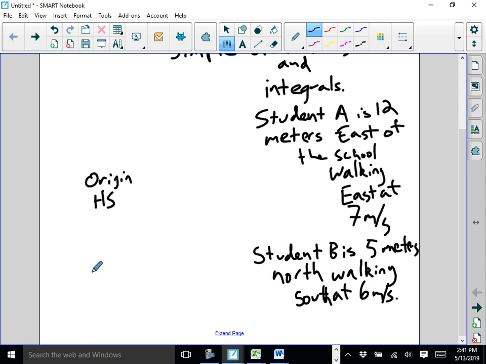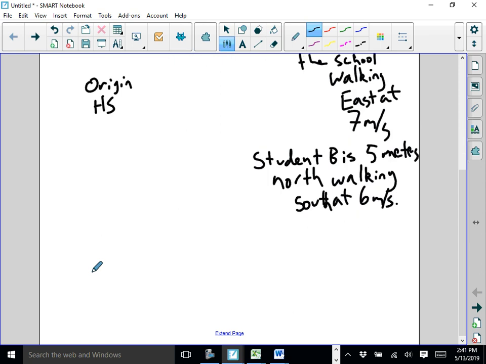At that instant, what is the rate of change of the distance between them?